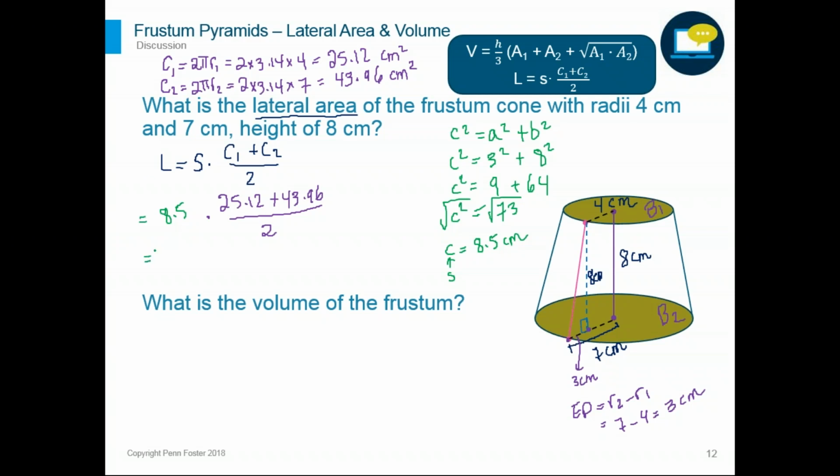If you have your calculator, we're going to do 25.12 plus 43.96 equals, then divide by 2, then equals, times 8.5, and then equals. And that should give you the correct lateral area. The lateral area for this frustum cone is 293.59 square centimeters.